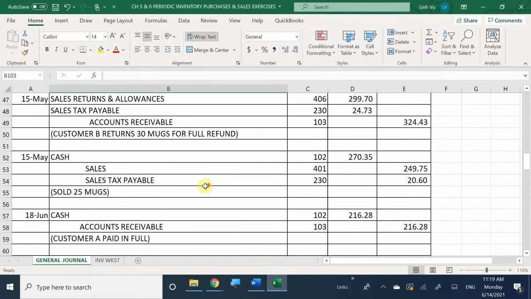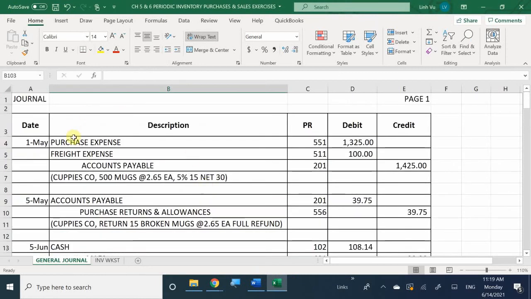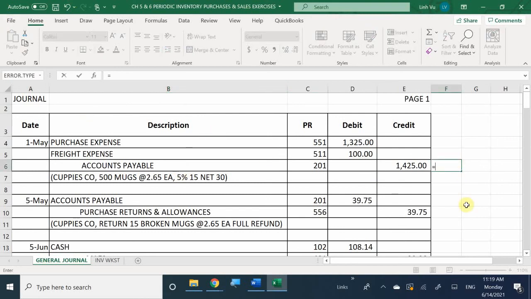So like I mentioned before, our first transaction of the month, we calculated, we bought 500 mugs at $2.65 to give us a grand total amount that we owe of $14.25. But we ended up refunding $39.75.